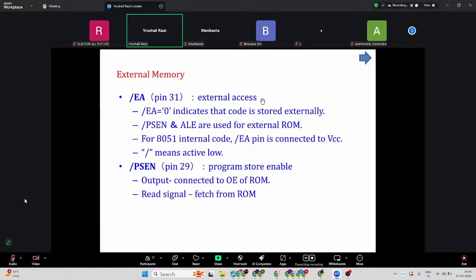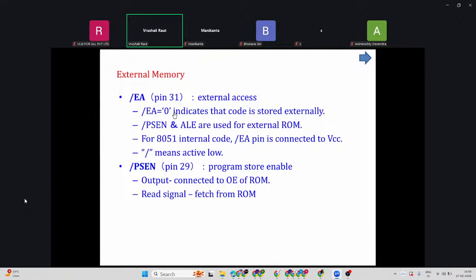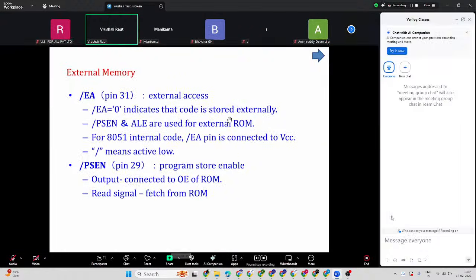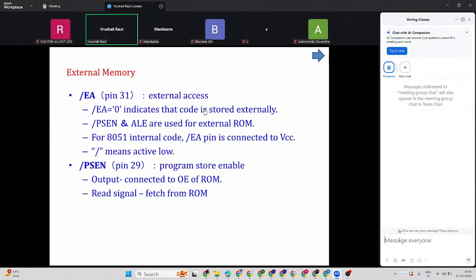We want to access the memory externally. If this EA bar is 0, it indicates that code is stored externally. We are using external ROM. So when EA bar is 0, that is pin 31 connected to ground, it means that we are storing part of the code or the complete code externally.